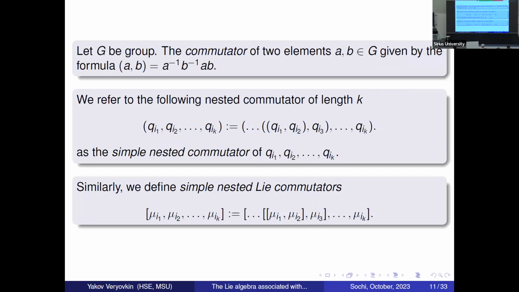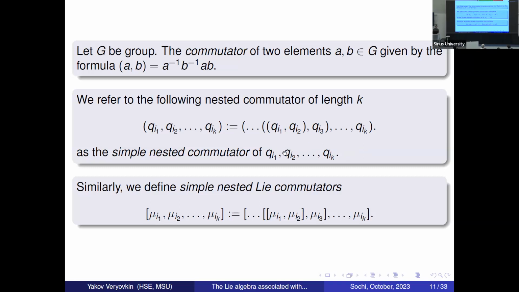Let G be a group. The commutator of two elements a, b is given by this formula. We refer to the following nested commutator of length k like this as the simple nested commutator of a_i1, a_i2, ..., a_ik.